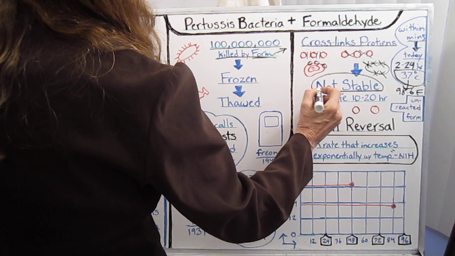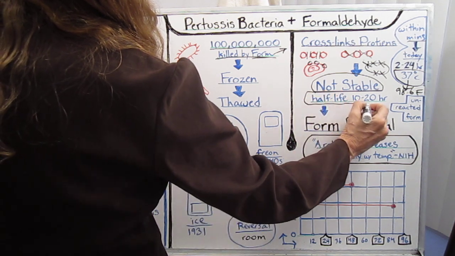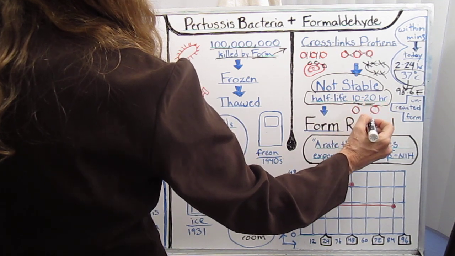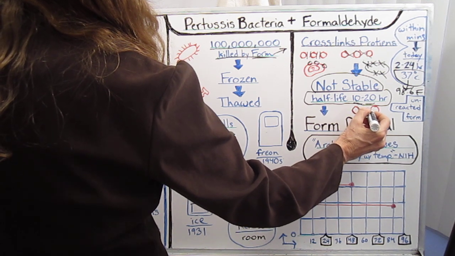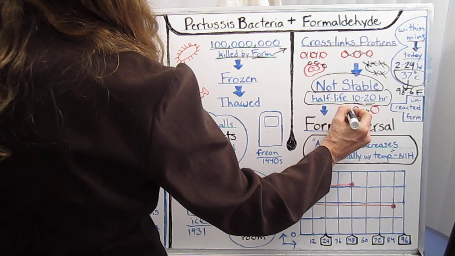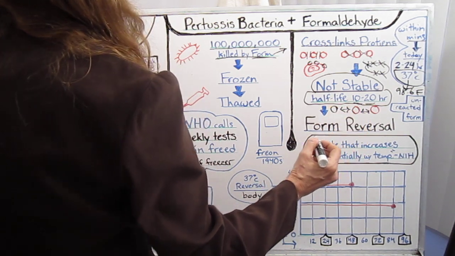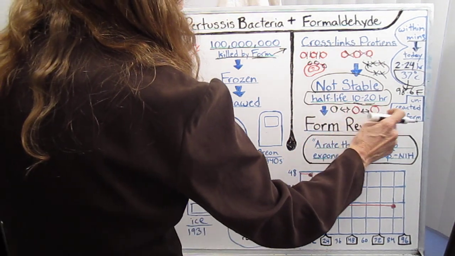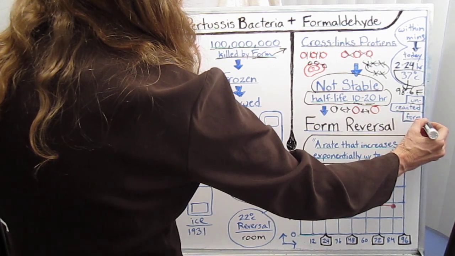The half-life of formaldehyde is 10 to 20 hours. That's when the cross-links dissolve and these protein molecules are pushed apart. Now you have freed proteins, and you have what they called unreacted formaldehyde floating around.